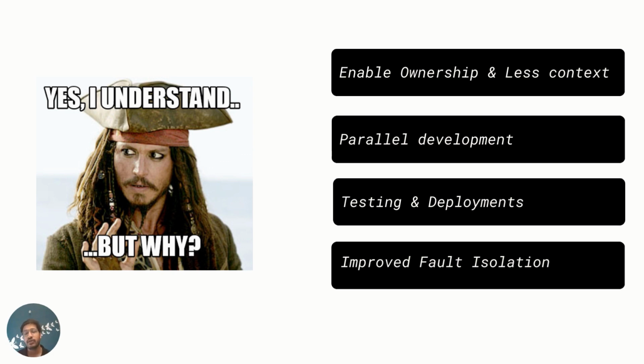And then improved fault isolation as well. The final good point is improved fault isolation: there are very few moving parts, and things are very transparent, not hidden. For example, if one of the services is getting a lot of load, you can scale it out or add more compute to it. Whereas in a monolith, you cannot really understand which particular module is causing the issue.